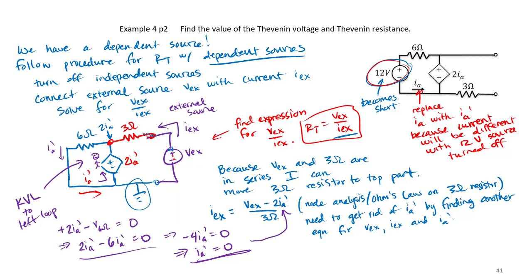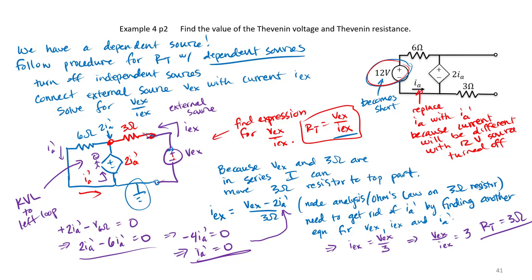So we can plug in 0 for IA prime, and we can determine IEX equals VEX over 3, or VEX divided by IEX is going to equal 3, so our Thevenin resistance is 3 ohms.